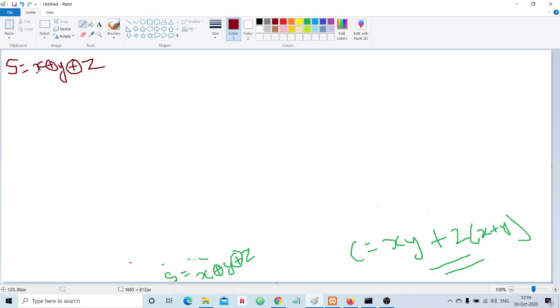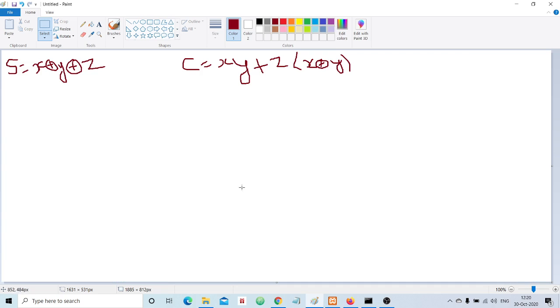This is the simplified expression that we got for sum, and for carry we got xy plus z into x exclusive OR y. Okay, this is not OR, this is exclusive OR of y. You can go back a few seconds and verify that it is x XOR y. Clear? So now we are at this point where we have two simplified Boolean expressions, one for sum and one for carry.